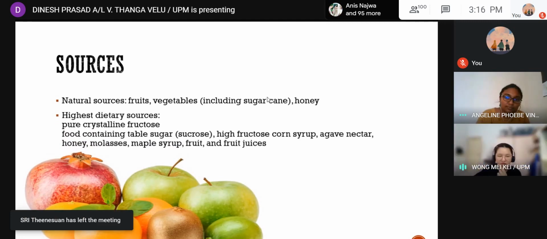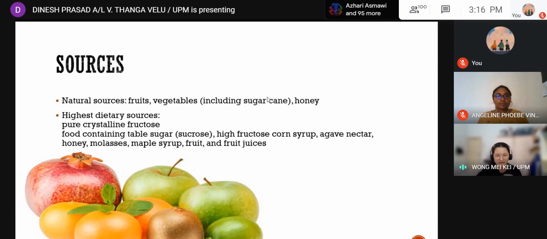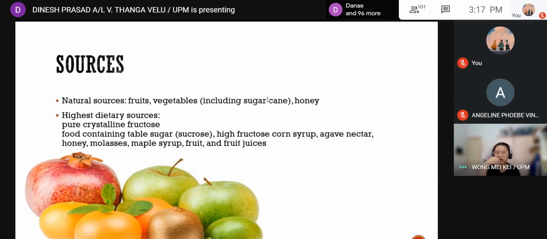Okay, this shows the sources of fructose that we can get. Fructose can be obtained from natural sources such as fruits, vegetables, and also honey. The highest dietary sources, meaning the foods with a high amount of fructose, are pure crystalline fructose, food containing table sugar, high fructose corn syrup, agave nectar, honey, molasses, maple syrup, fruit and fruit juices.